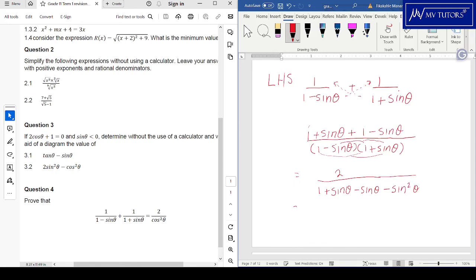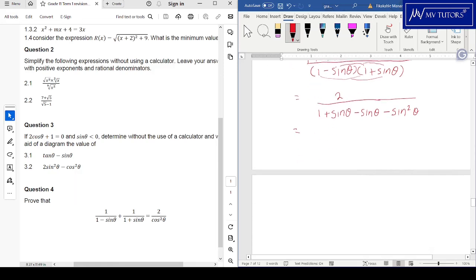So this is now going to be 2 over 1. These two cancel each other. Sine theta minus sine theta is equal to 0. And then this one is just minus sine squared theta.